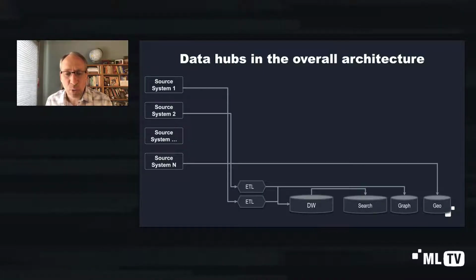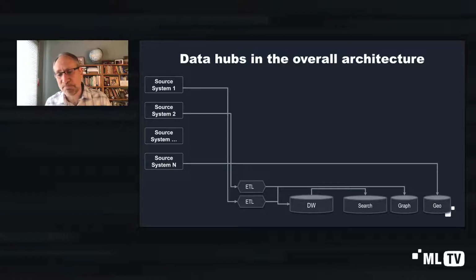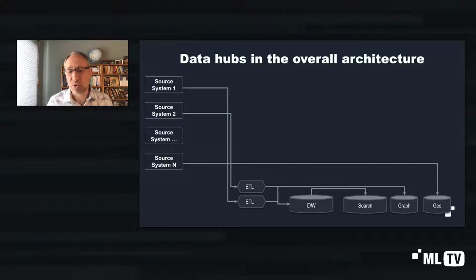The issues start to come in when more kinds of analysis come into play. Well, you need to do some searching. Data warehouses don't really search, so you need a search engine. And traditional relational technologies don't handle graphs well, so maybe you want a graph database, or a triple store, both similar.